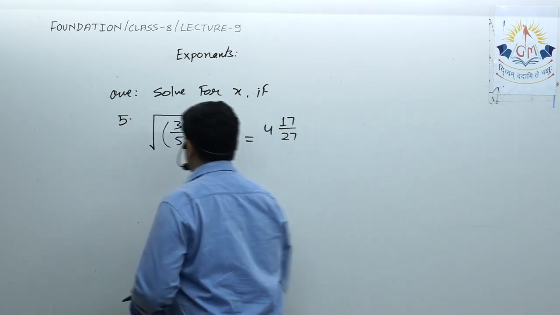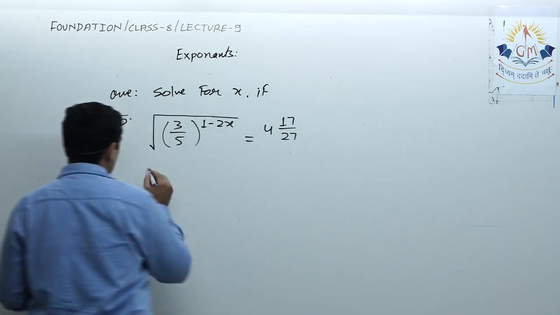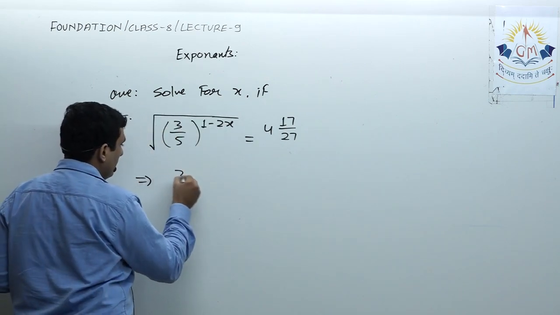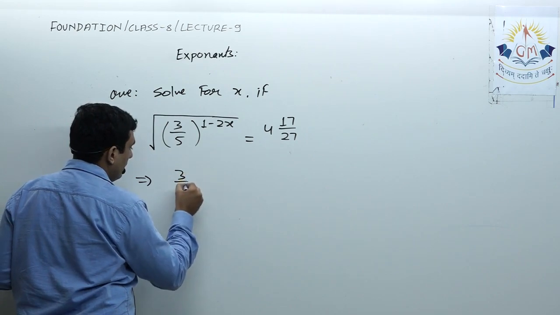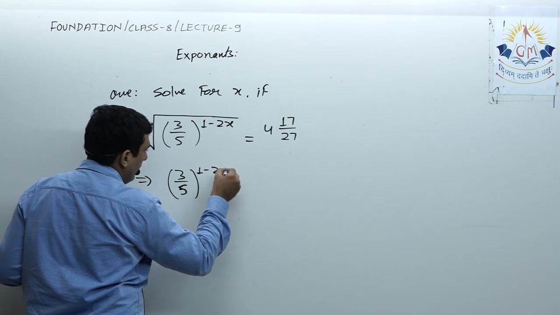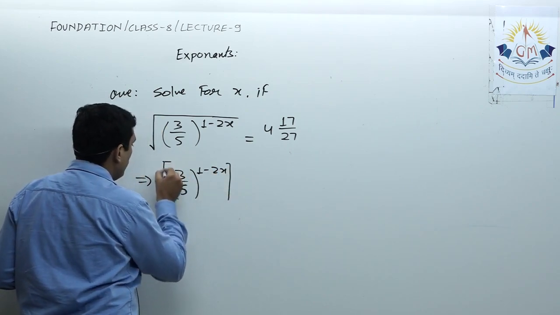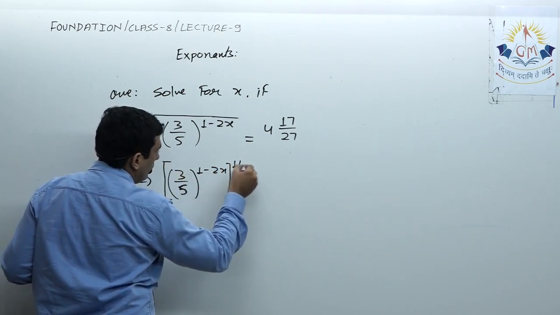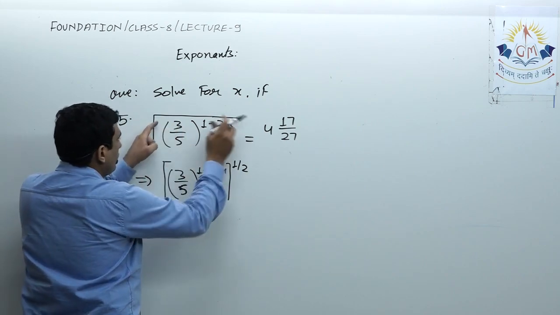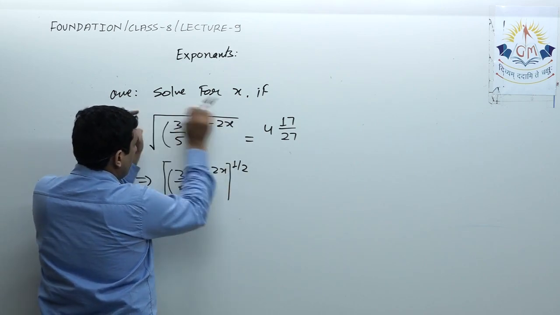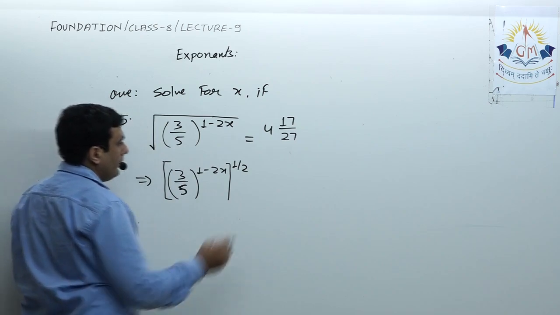So here again we have to do the same thing. Here first thing that I can write is 3 upon 5 raised to 1 minus 2x, whole raised to 1 by 2, because this complete quantity is under the root, so it's raised to 1 by 2.